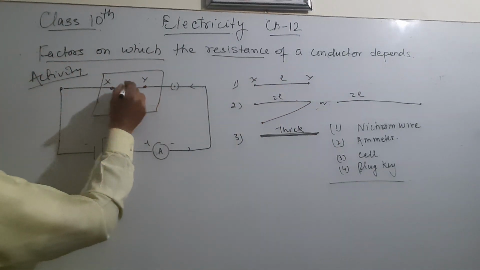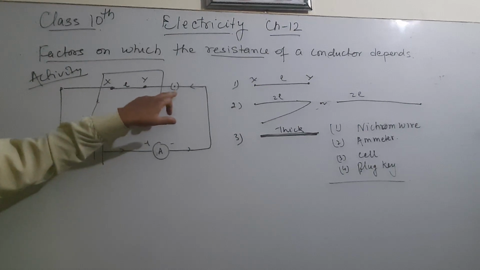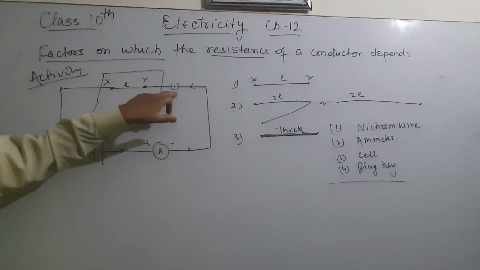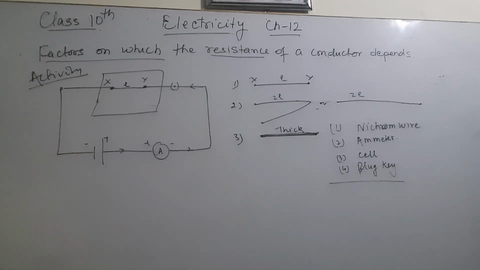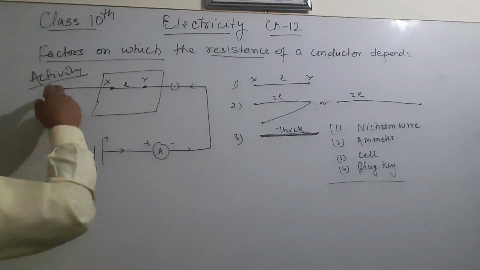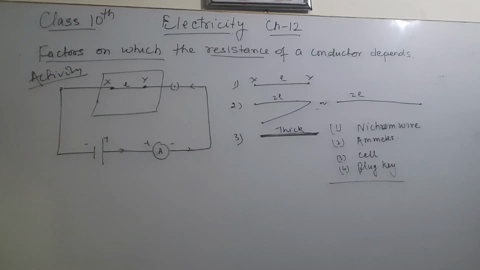This XY is the nichrome wire whose length is L, which makes the circuit complete, because the switch is already closed, allowing current to pass. When the current passes, it shows the reading in the ammeter.